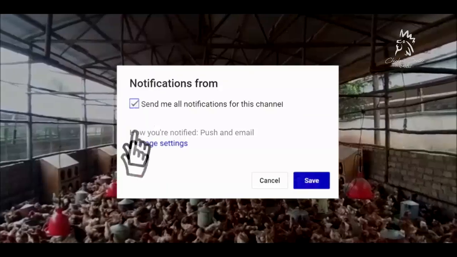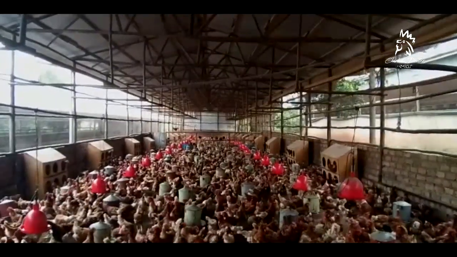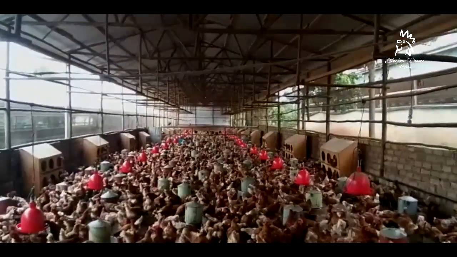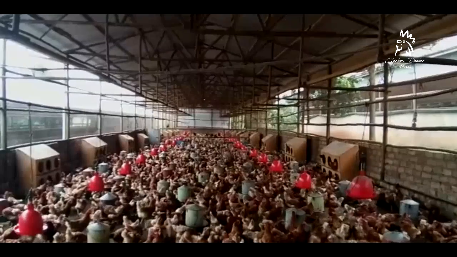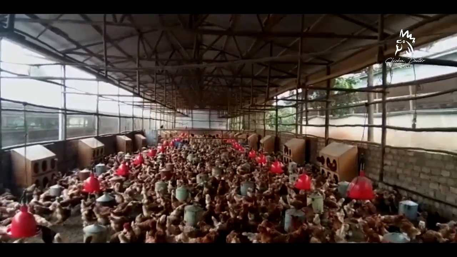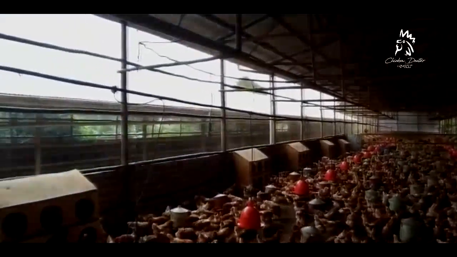Point number one, a chicken house must be rectangular in shape. Very many people build poultry houses that are square in shape, whereby all the sides are equal. That's not right. And very many others build circular poultry houses, which is also not right.